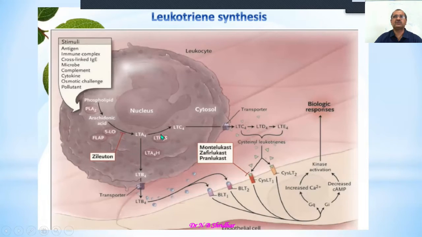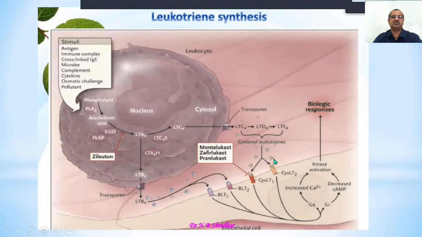Of course, here you can see that the LTA4 is converted to LTC4, and LTC4 is further converted, whereas the transporter proteins put these leukotrienes out of the nucleus, and they go to act on different types of leukotriene receptors.